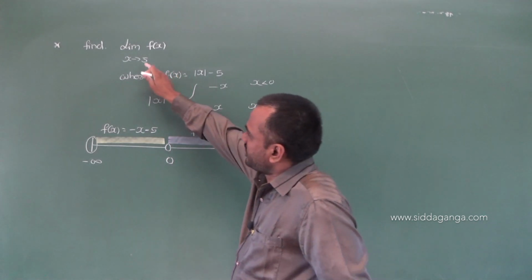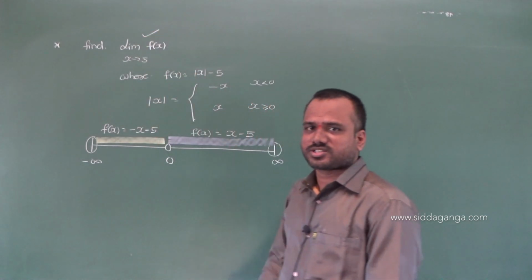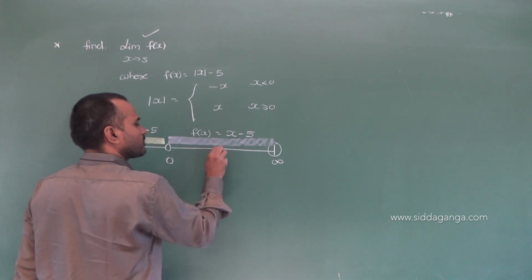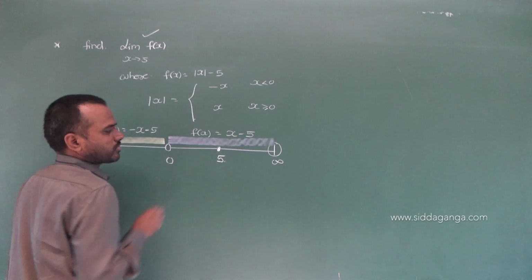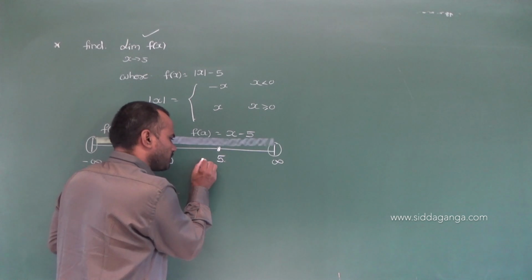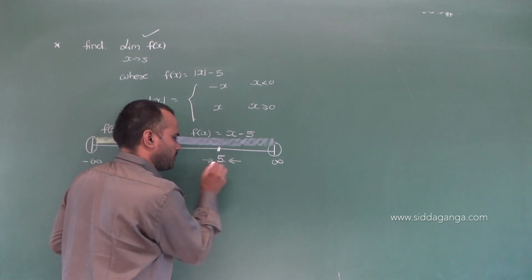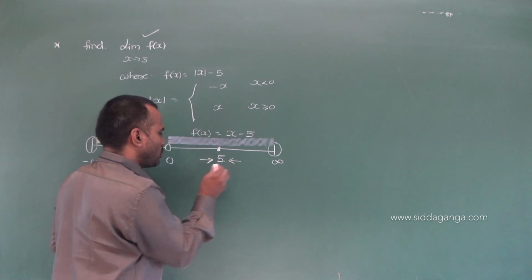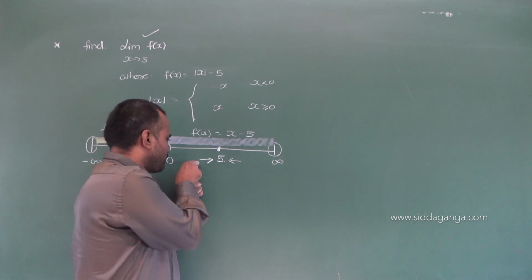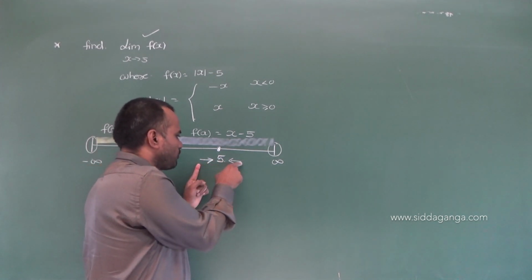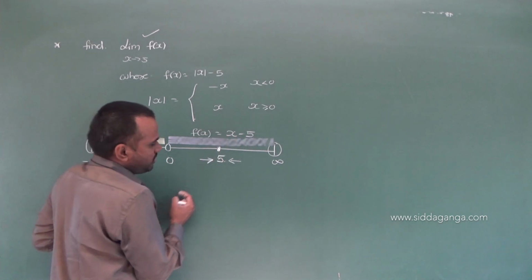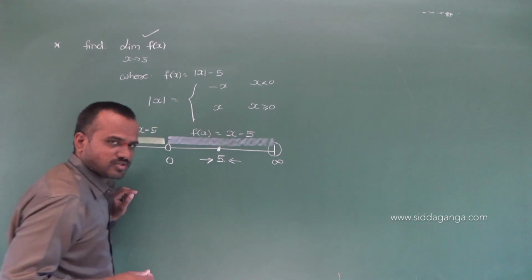What are we finding here? We are finding limit x tends to 5 of f of x. The domain is here. For left side approaching and right side approaching, we take a negligible value, just starting from 4.9 and from 5.1. For the left side approach, the function is x minus 5. For the right side approach, the function is x minus 5.